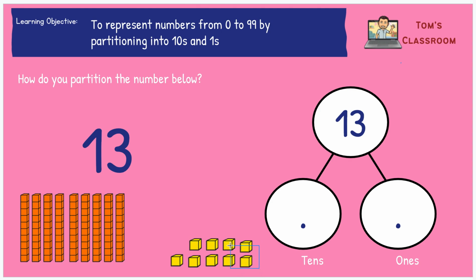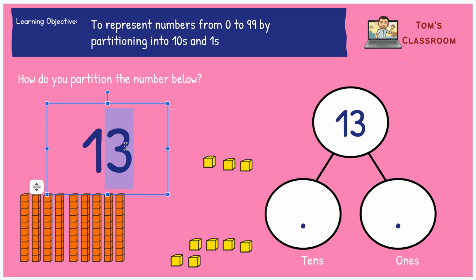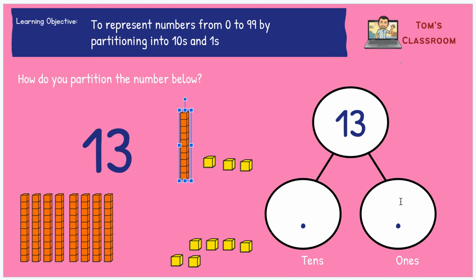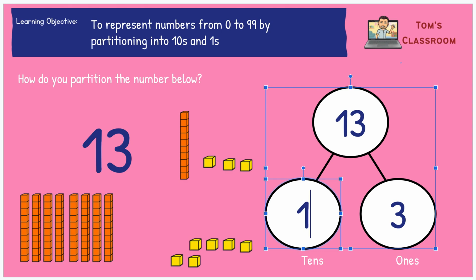So the number 13 has 3 ones, because the 3 here is in the ones column, and it has 1 ten. So let's write 3 ones and 1 ten, but we know that 1 ten actually represents the number 10. So 13 is made up of 10 and 3.